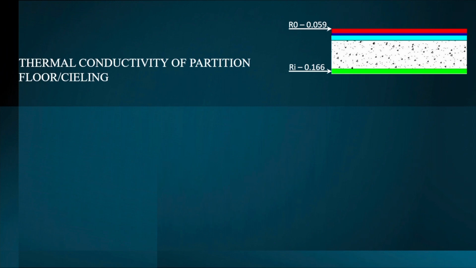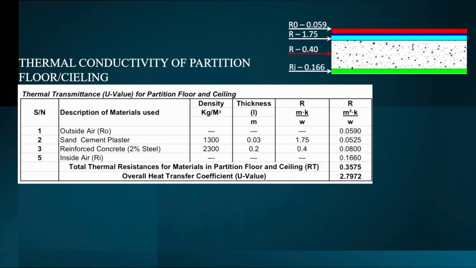Let us now consider reinforced concrete PT slab with a thickness of 200 mm and thermal resistance of 0.40. We also need to consider a 30 mm thick cement plaster with a thermal resistance of 1.750. From these calculations, we have a total thermal conductivity of 2.80 watt per meter square degree Celsius.